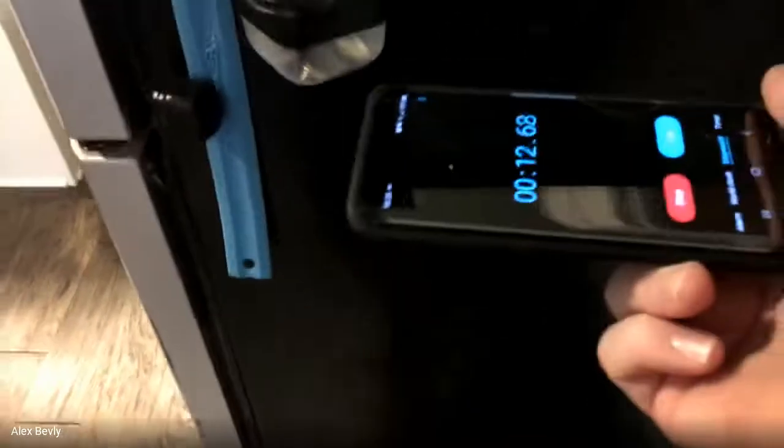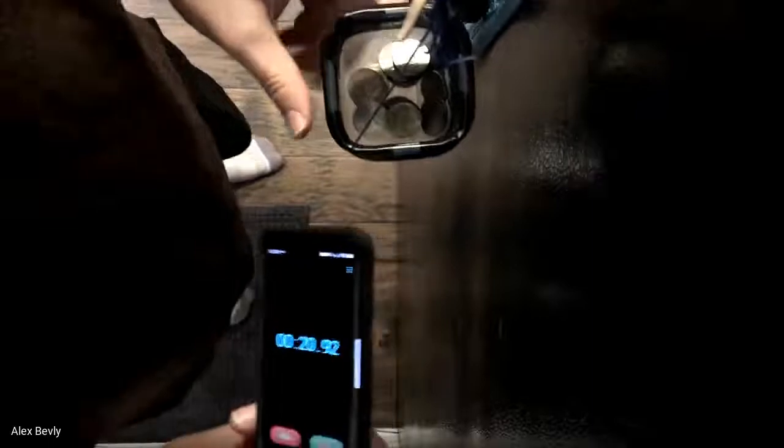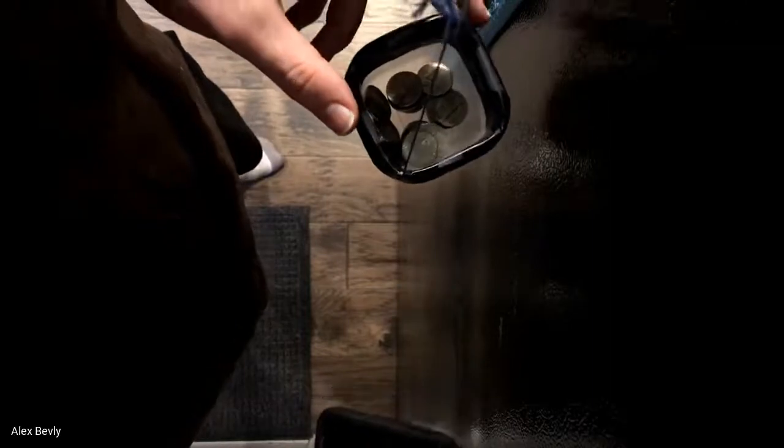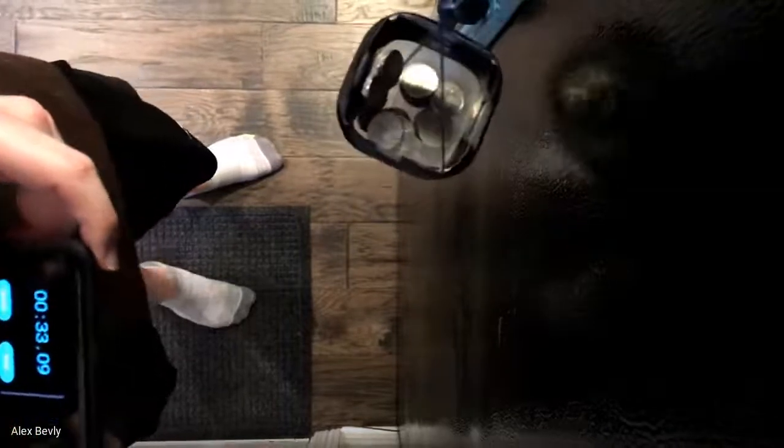I don't know what I was imagining. I guess I was imagining I had an additional hand when I did this. Put the phone in the container. I'll be right back.